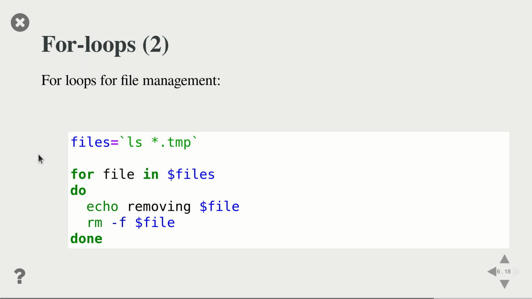You first use this syntax, which is the same as running the command and storing the output, just a different syntax. So I run the ls *.temp command. It lists all the temporary files. I store the result as an array called files. And then I use a for loop to loop through every single file, print some text message, and then remove it.